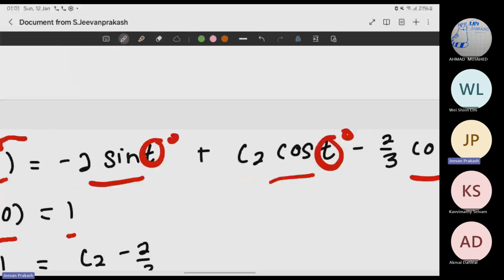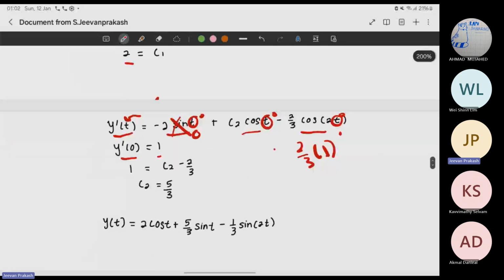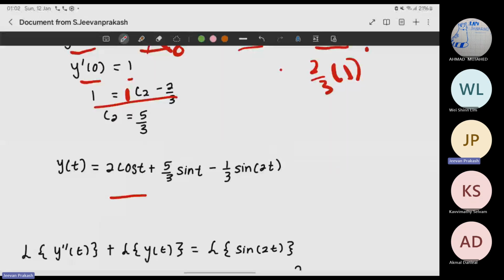When cos 0 equals 1, here will become 2 over 3 times 1. So the equation is 1 equals c2 minus 2 over 3. So c2 equals 1 plus 2 over 3, so 5 over 3. So y(t), the general equation, is 2 cos t plus 5 over 3 sin t minus 1 over 3 sin 2t.